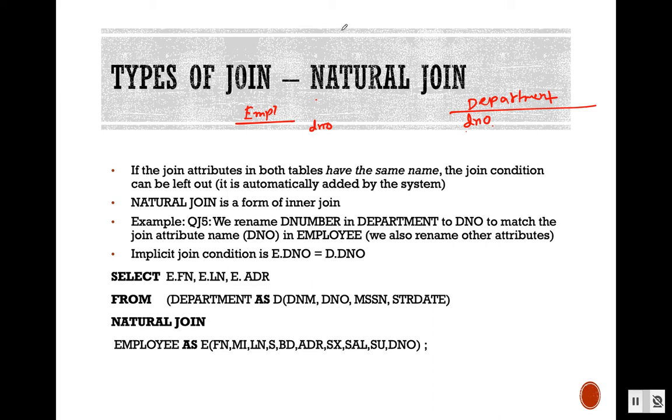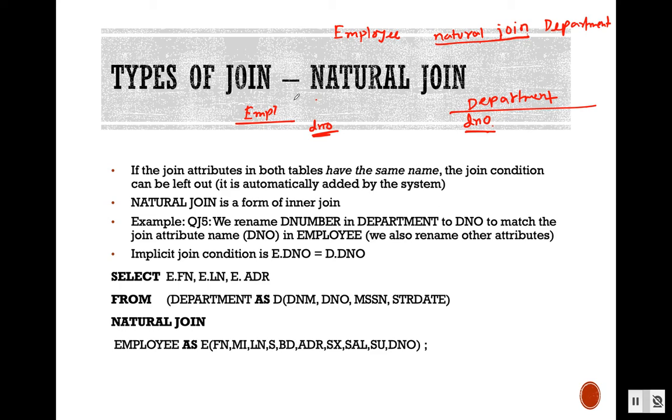Now if we write a natural join like this, employee natural join department, the natural join is going to be implemented on the attribute where the attribute name is the same.